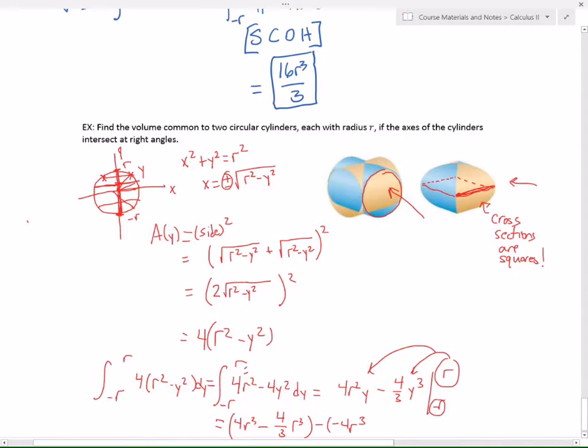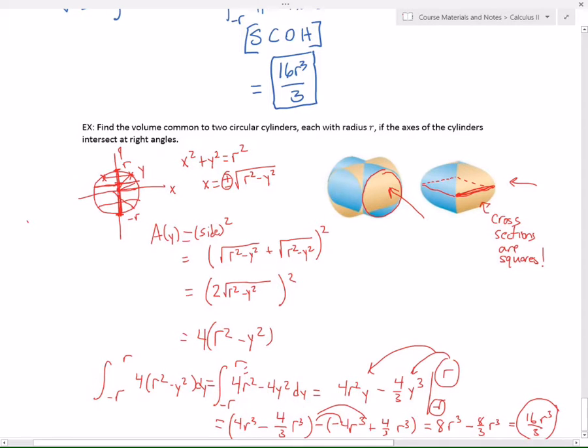And this becomes a minus r cubed, and that minus makes it plus 4 thirds r cubed. So this minus and this minus make the plus, and this minus and this minus make the minus, so you end up with 8r cubed minus 8/3 r cubed. That's 24 minus 8, which is 16r cubed over 3.